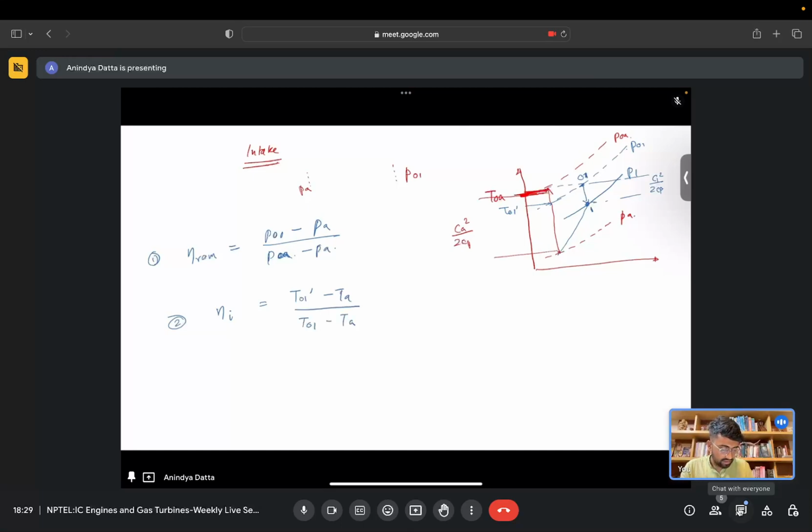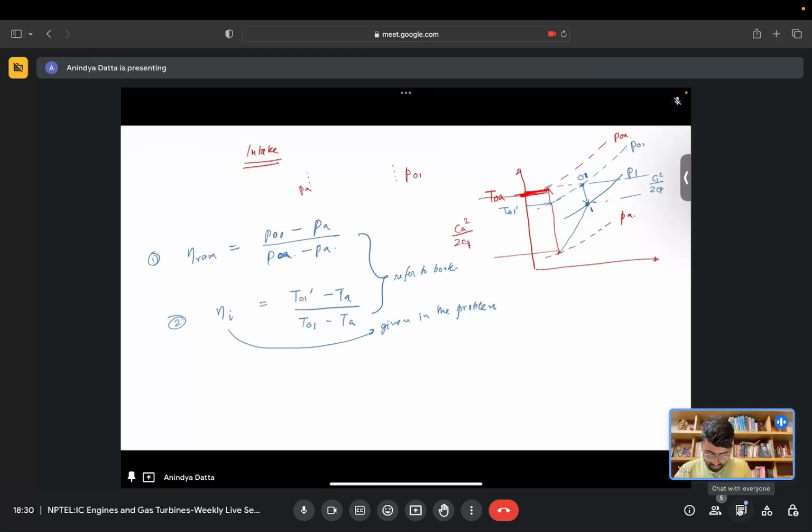This efficiency is given in the problem. If some explanation is not clear just by listening to me, refer to the book Gas Turbine Theory by Saravanamuttoo. It is explained well in that book.